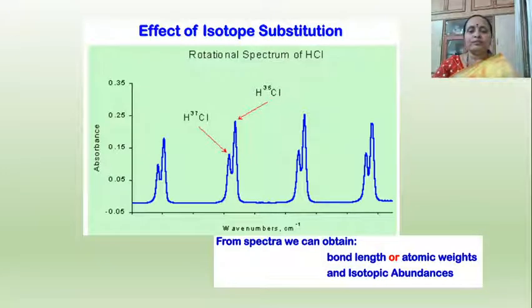So what we observe is, from the spectra we can obtain bond length or atomic weights. Using the effect of isotopic substitution, from the spectra we can obtain the bond length, atomic weights and atomic abundances as well.